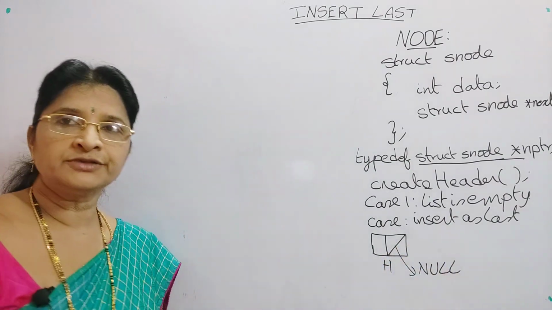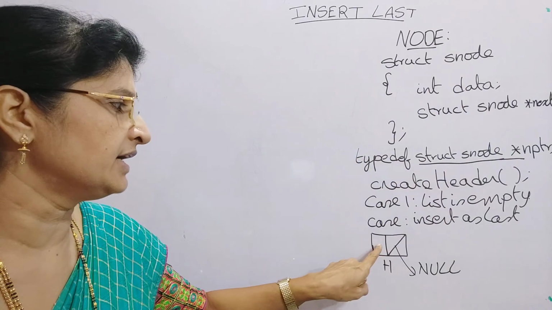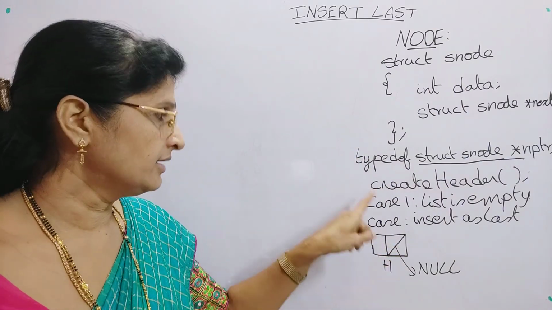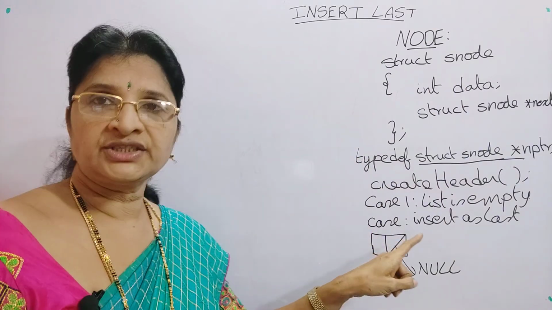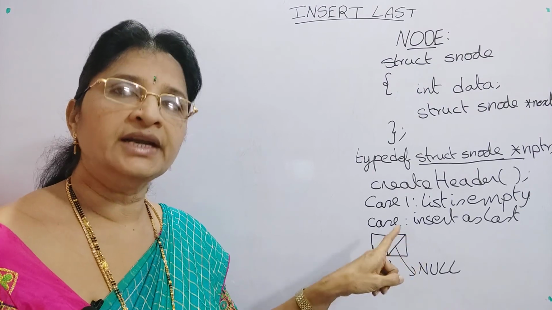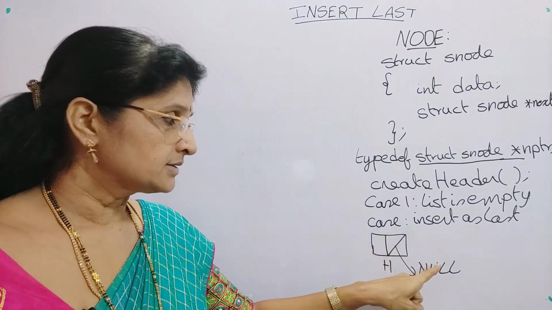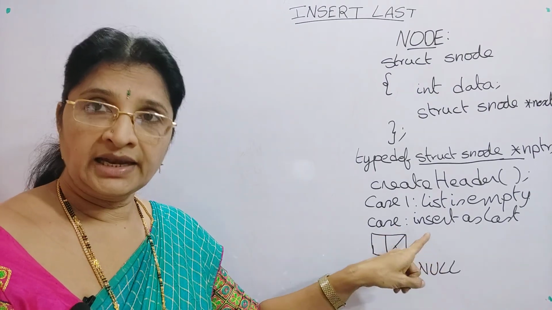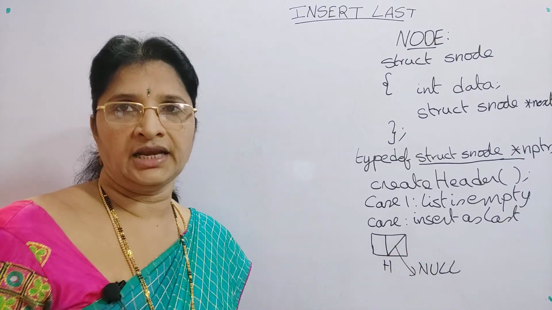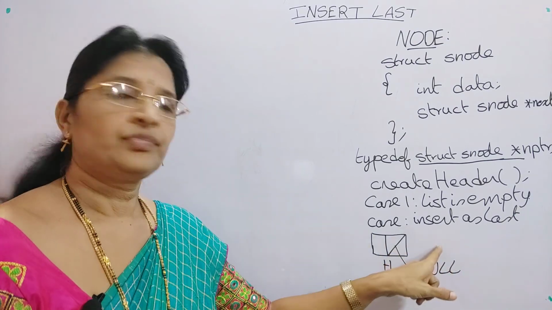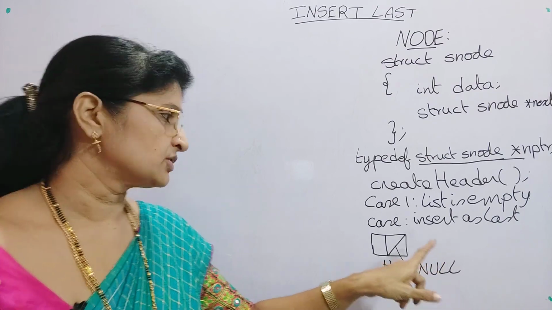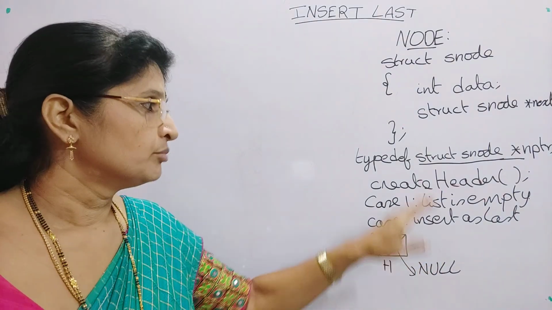If it is null, what does it indicate? Once the header is created, and suppose h next is null, it indicates a list that does not contain any nodes, that is an empty list.